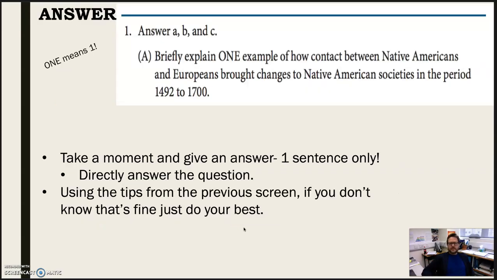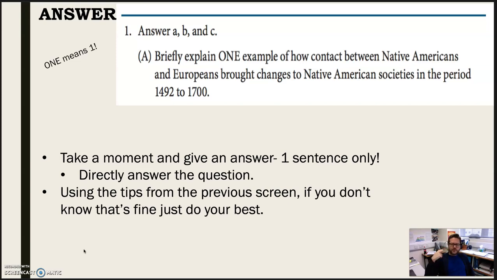All right, let's look at an example here. First, answer A, B, and C. So for number 1, there are 3 parts to it. We're going to look at just the first part. Briefly explain one example of how contact between Native Americans and Europeans brought changes to Native American societies in the period 1492 to 1700. First, 1 means 1.